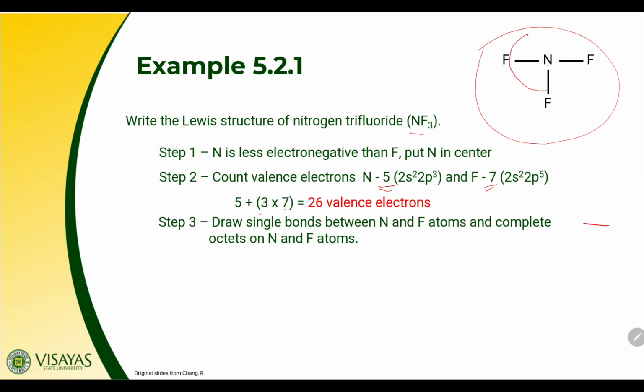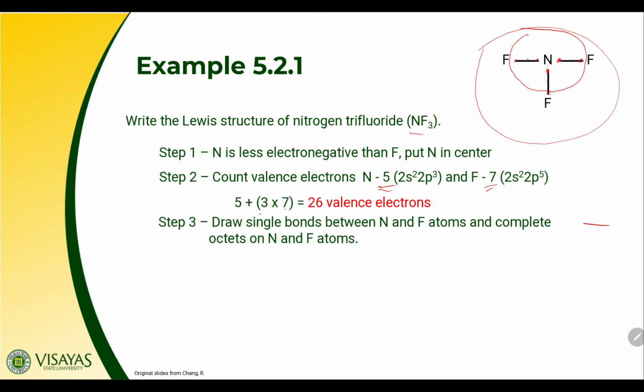So this is our nitrogen atom, and these are the electrons surrounding nitrogen. Around nitrogen, we have 3 single bonds, 1, 2, 3. Each of these bonds, again, has 2 electrons. So there are 2 electrons in a single bond. Therefore, as of the moment, nitrogen has 6 electrons in total.